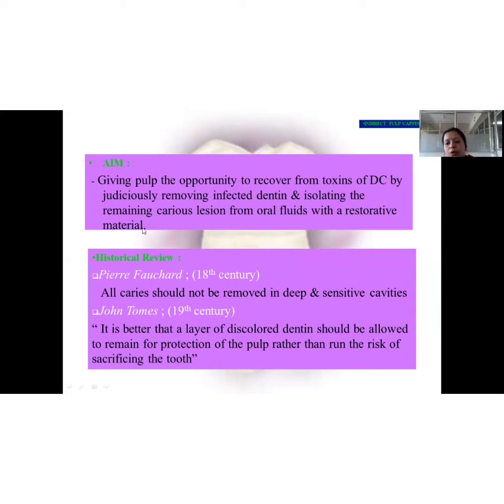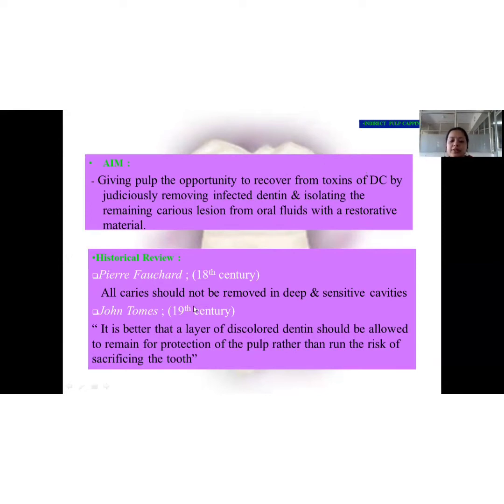So what we do in indirect pulp capping is we give the pulp the opportunity to recover by removing the infected portion of the dental cavity and isolating the remaining carious lesion from your oral fluid. So basically we cut off the bacterial growth and that will lead to recovery of the pulp and reparative dentin formation.